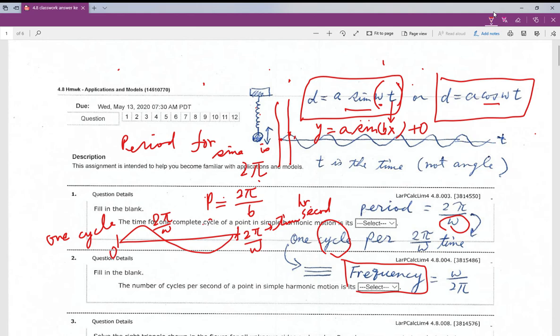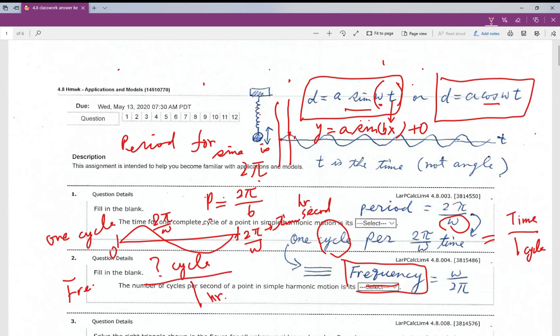Now the frequency is talking about, in 1 hour, how many cycles? So period means every one cycle, you need how many times.